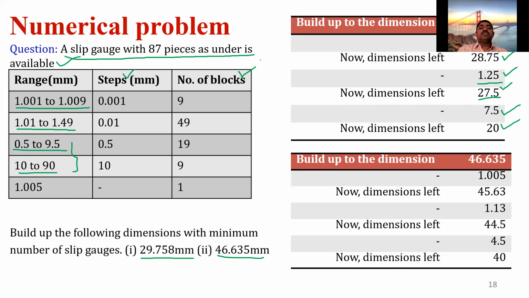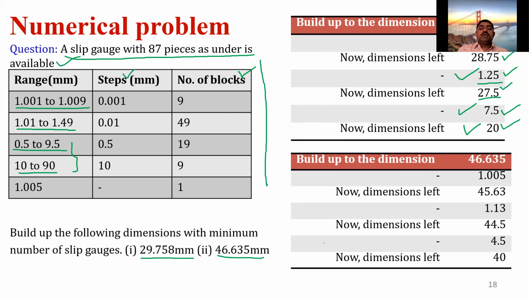It is possible through this slip gauge set. How many slip gauges did we use here? One 1.008, one 1.25 mm, one 7.5 mm, and one 20 mm slip gauge. In total we used 4 slip gauges to build up the 29.758 mm dimension.